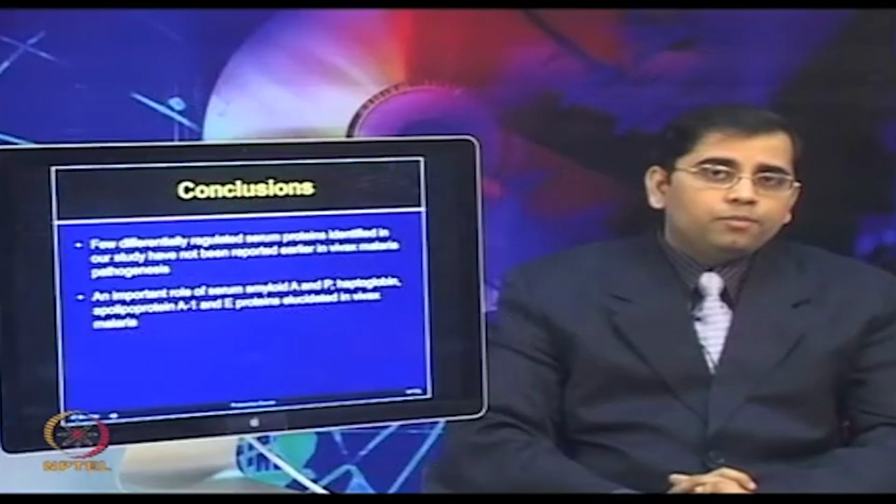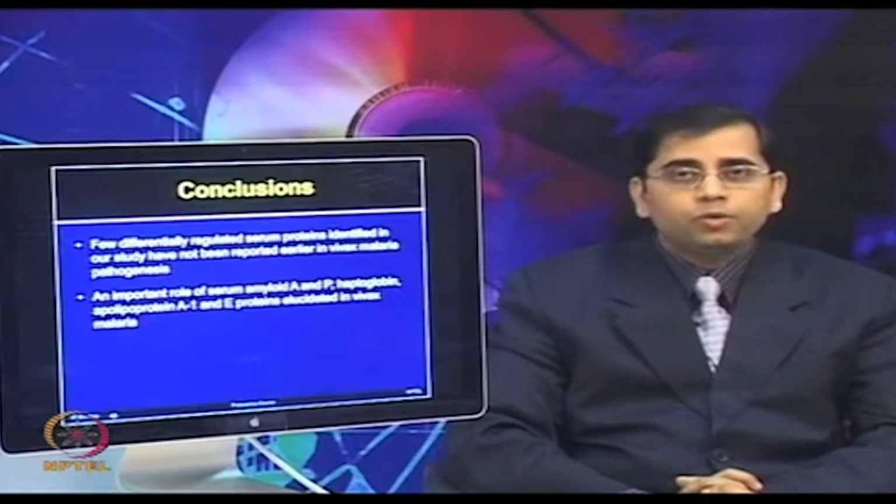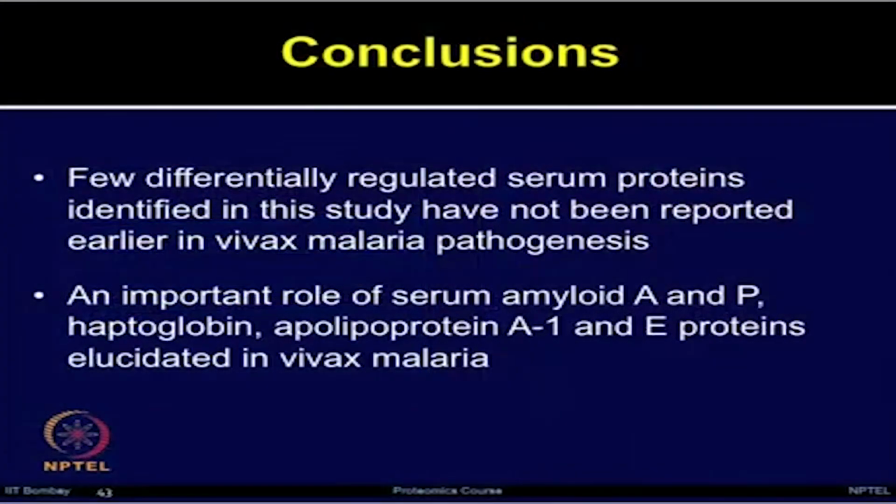So, conclusions from this case study: a few differentially regulated serum proteins were identified in this study, including ceruloplasmin, hemopexin, alpha 1 antichymotrypsin and alpha 1 antitrypsin, which have not been previously reported in vivax malaria pathogenesis.